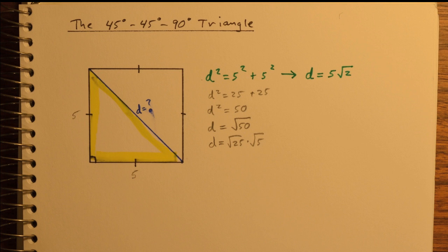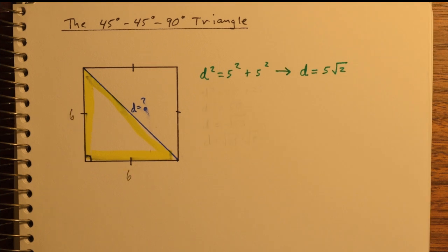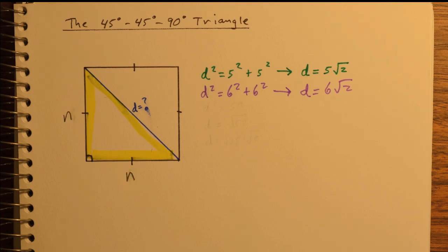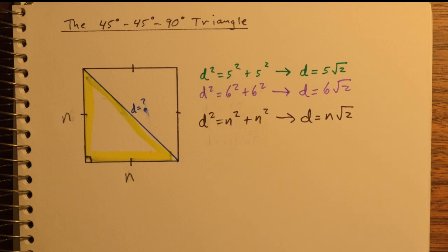Now, if instead of 5, you tried this with, let's say, 6, and ran the same process, you would get that the diagonal is 6 root 2. So notice that the side lengths and the diagonals are related. If instead we had any possible side, let's call it n, then the diagonal is going to be n root 2.